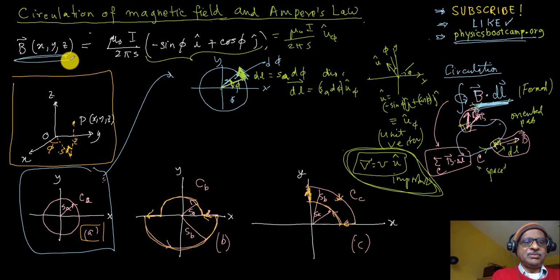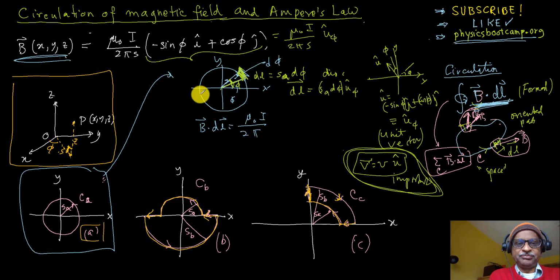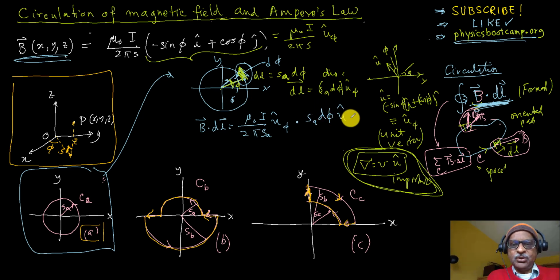So the B is given like that. B dot dl is simply mu naught I over 2 pi. S is SA at this point. I'm looking at what the B is. S is SA, and I've got u hat phi, the same direction as that, dot SA times d phi u hat phi.